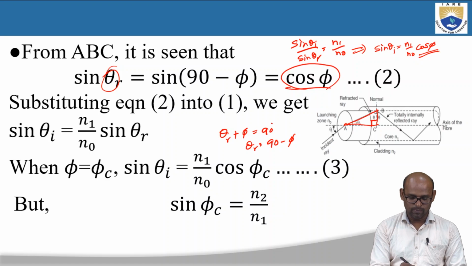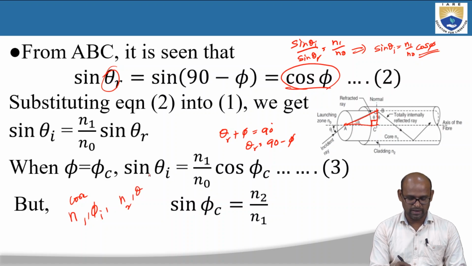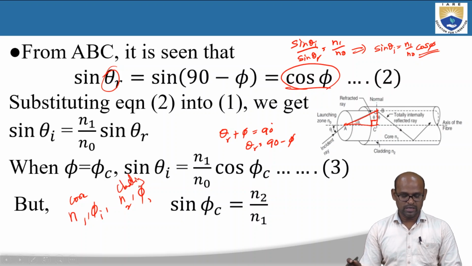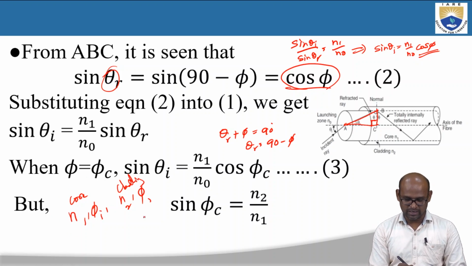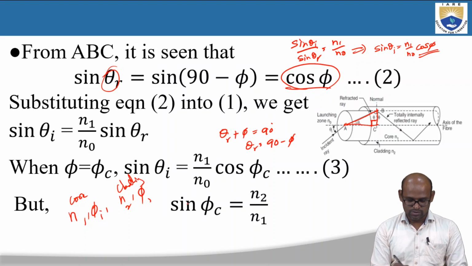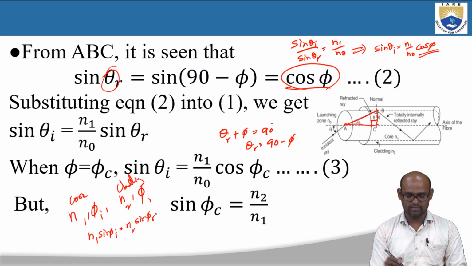Core is n1 with angle of incidence phi i, and cladding is n2 with angle of refraction phi r. So n1 sin phi i is equal to n2 sin phi r.